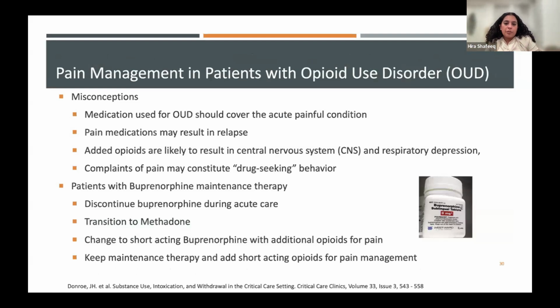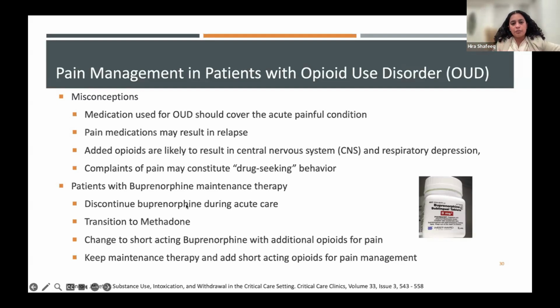When it comes to pain management in patients with opioid use disorder, there are a few misconceptions. First is that medications used for opioid use disorder should cover the acute painful condition. Two common examples are buprenorphine, a partial agonist, and methadone, a full opioid agonist.